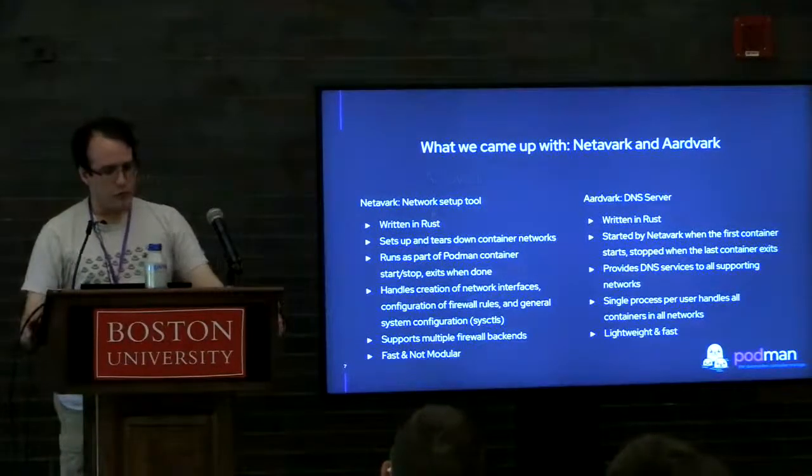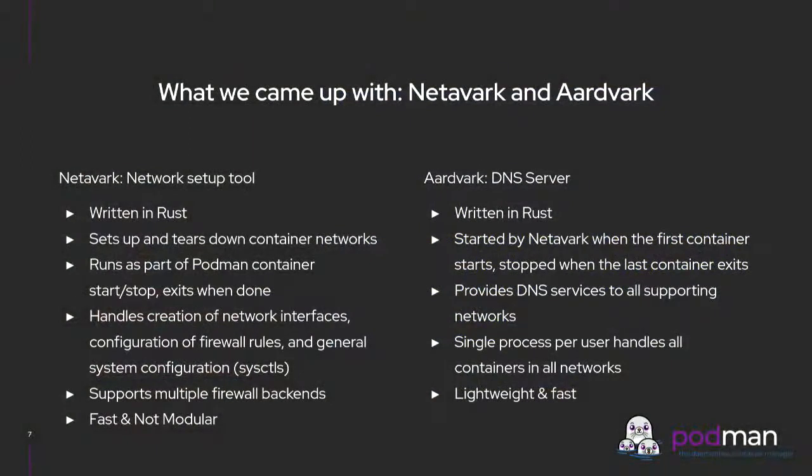So, what we came up with was Netavark and Aardvark. We decided early on that we needed two tools, and the reason for that is DNS. For DNS, you need a persistent service. You need something that's always going to be up as long as the containers have DNS. You can't socket activate, but Podman in general wants to stay as far away from persistent services as possible.